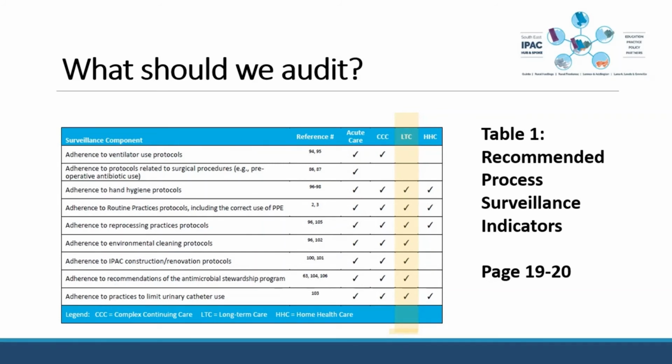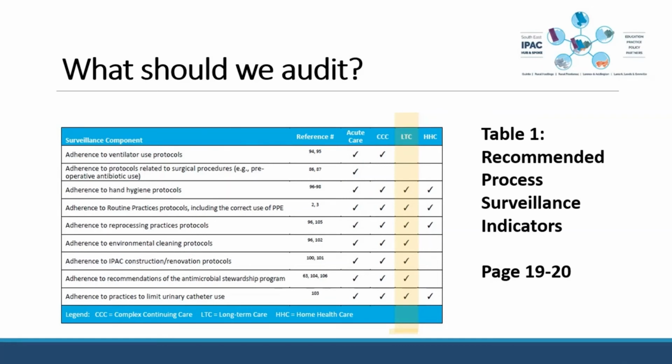So it highlights areas of good performance and recognizes a job well done. This is another desired outcome of auditing, and it's essential to provide that feedback. And it promotes and facilitates consistency of Ipac practices among staff in various areas across the facility and programs.